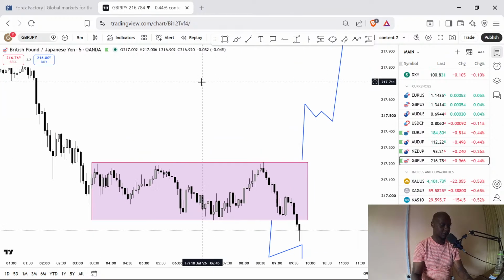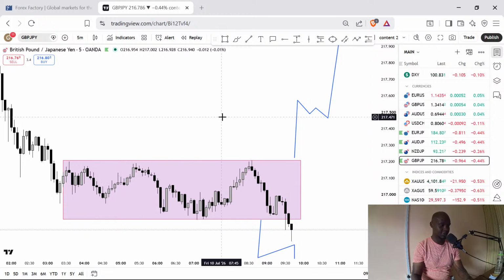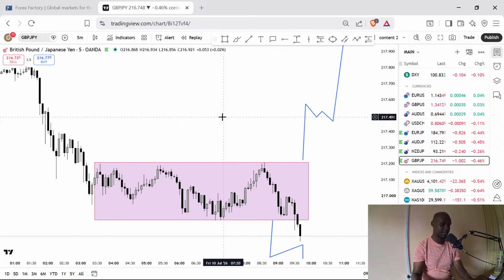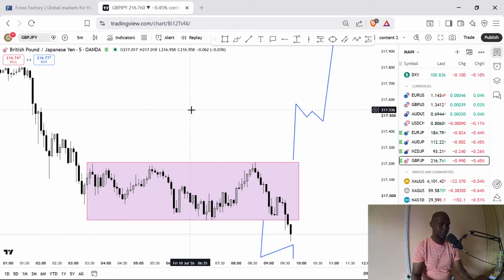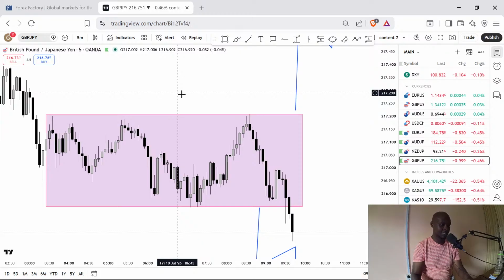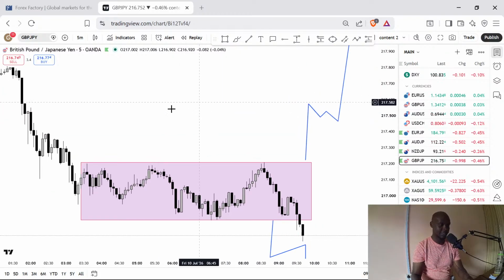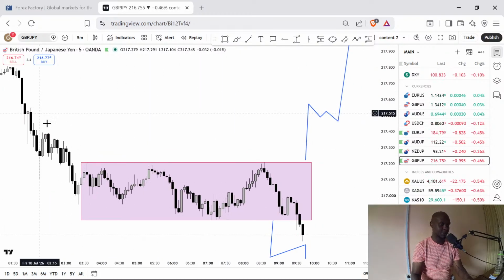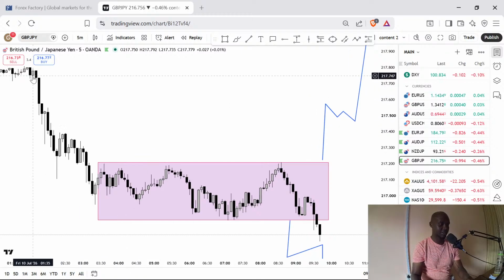I only focus on price action, because on price action you get to see how different players are reacting to different news, or just what different players in the market think about price. So it doesn't matter whether it's institutional investors or retail traders. You can see everything in the charts.